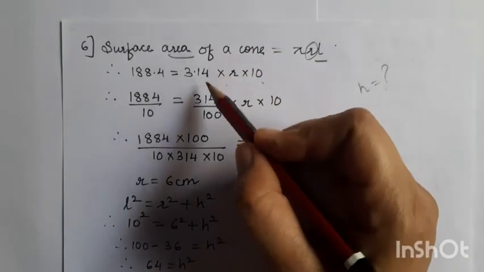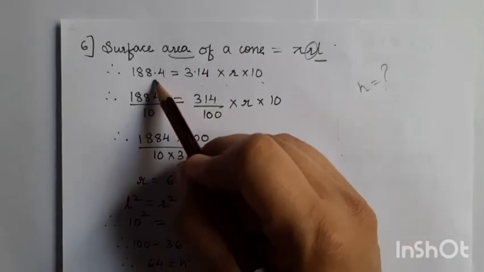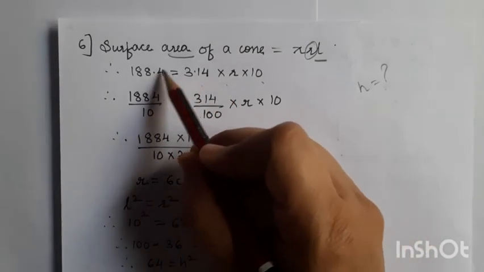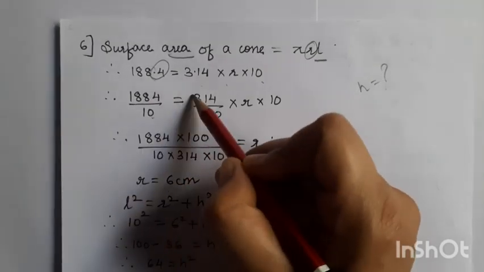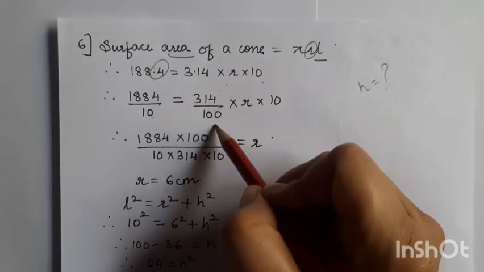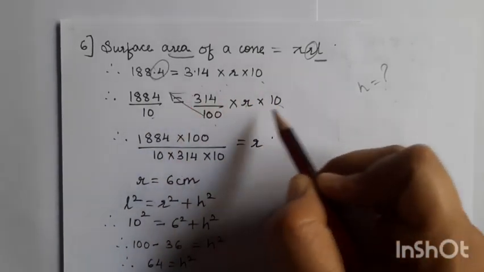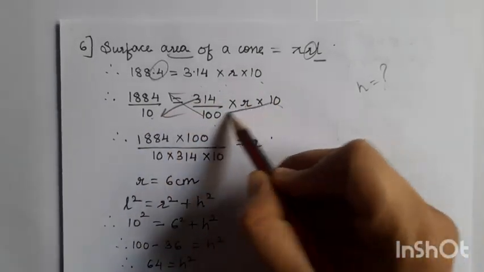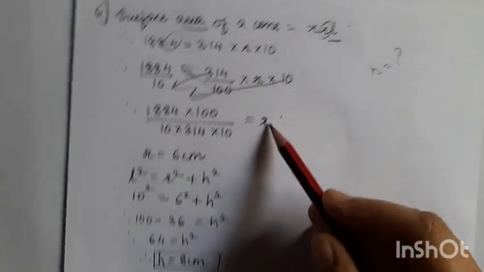So now I shift the numbers to the other side. But before I shift, I take out the decimal point. So 188.4 becomes 1884 upon 10, which is equal to 314 upon 100 into r into 10. So now this will go here, this will come down here, that also will come down here, which is equal to r.